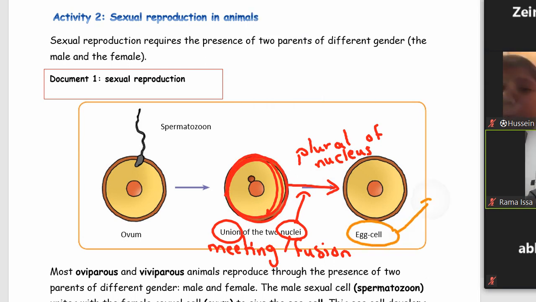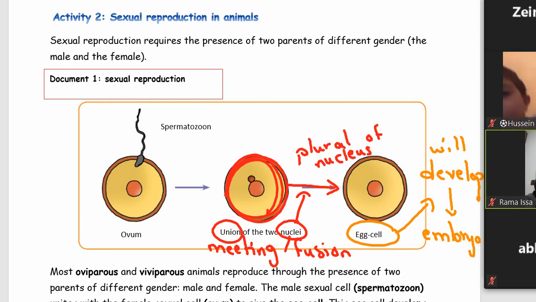This new egg cell will develop to an embryo, which will grow and develop inside the mother's body in mammals or viviparous animals, and outside the mother's body inside an egg in oviparous animals. Also, this embryo will develop to a newborn.